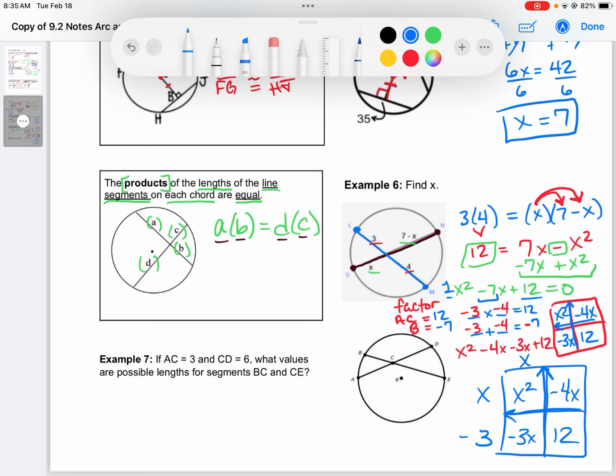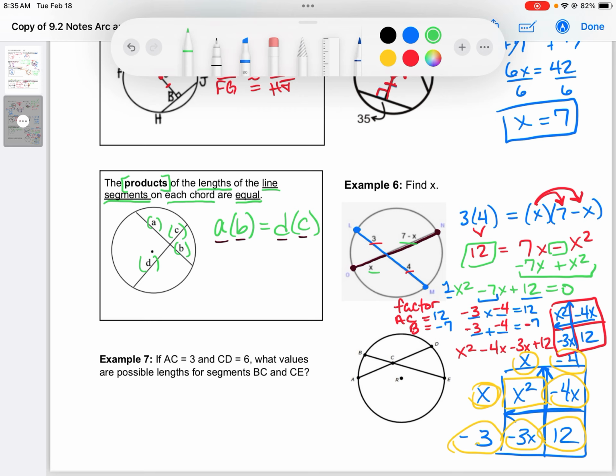So what can I take from both of these? I can take an x. What can I take from both of these? I can take a -4. And if you're unsure about this, you can just confirm. Is x times x x squared? Yes. Is -4 times x -4x? Yes. Is -3 times x -3x? Yes. Is -3 times -4 +12? Yes.